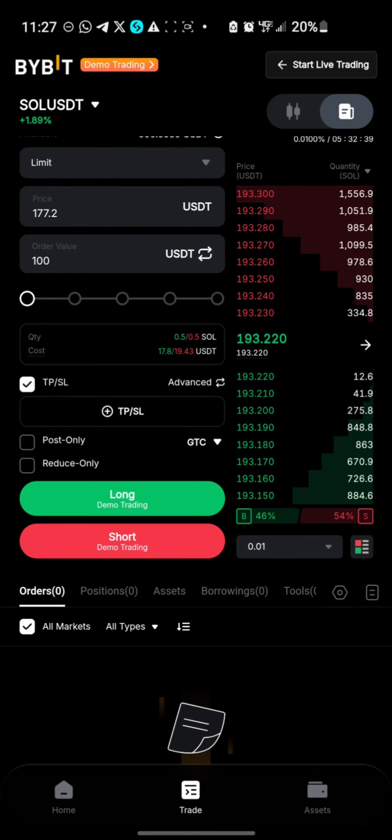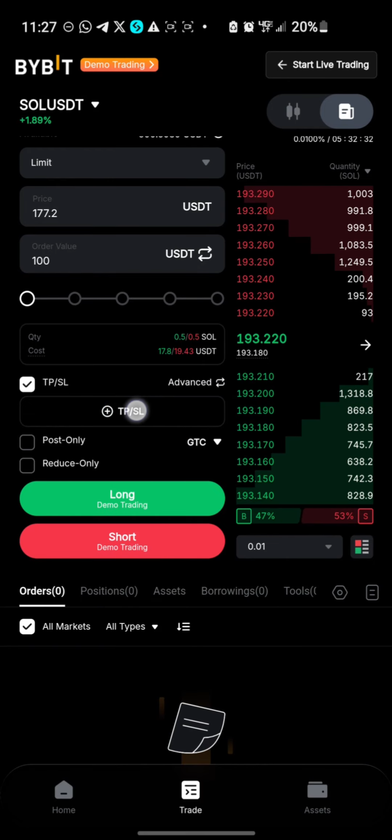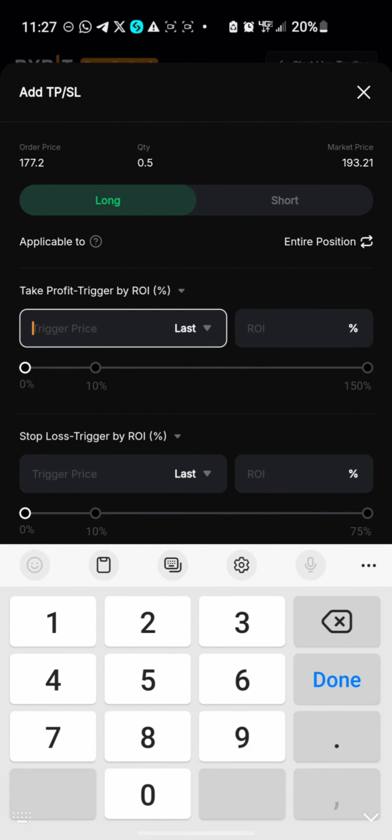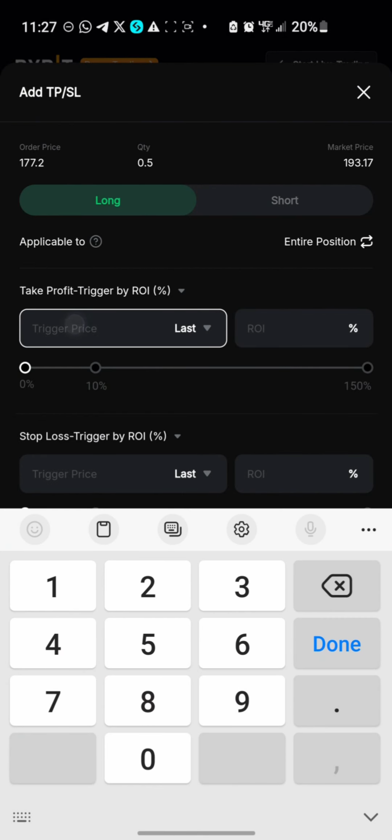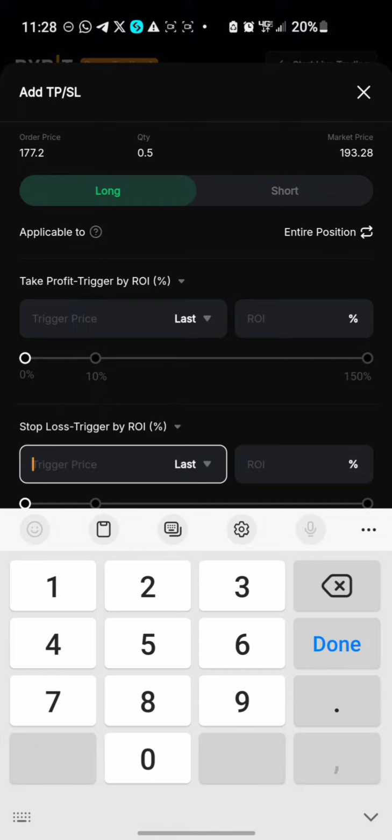Then your take profit and your stop loss, we input in this area here. This is where you input your take profit and stop loss. So the take profit for this trade is here. And what do you mean by take profit? Assuming the price reaches a certain area, when the price hits that particular take profit you are given, your profit will be taken out of the market, whether you are online or not. And stop loss is for when the trade is going against you and you want to cut off your loss.